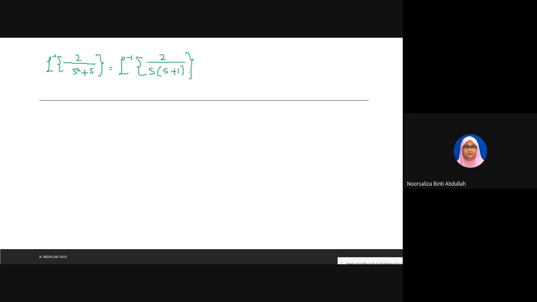So this one is actually equal to, this one is like your Fs. This one is S. See? This one is actually 2 over S plus 1. Then you divide by S.